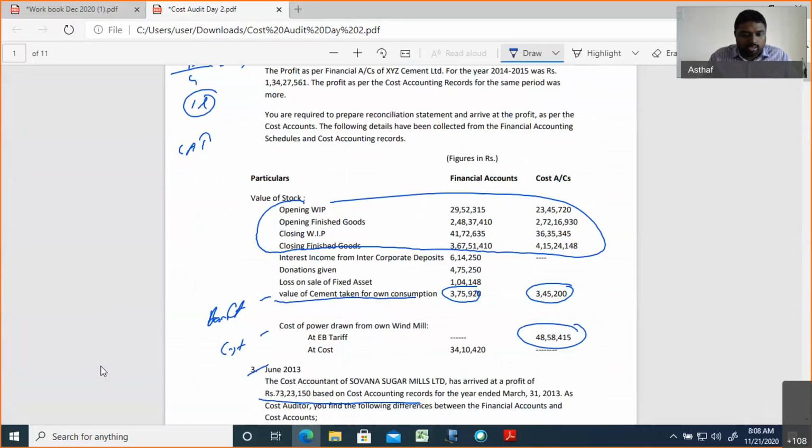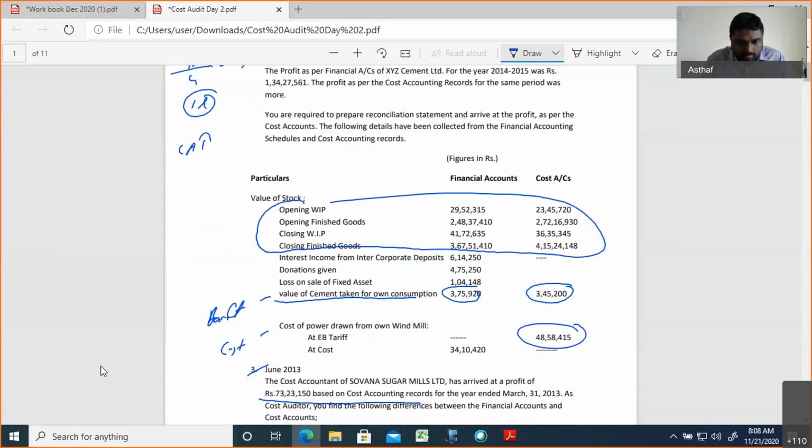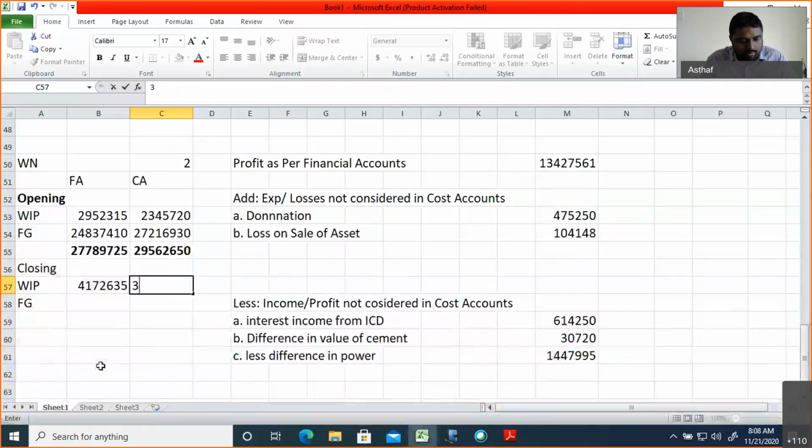What is the work in progress? Closing 4172 635. 3635 345.